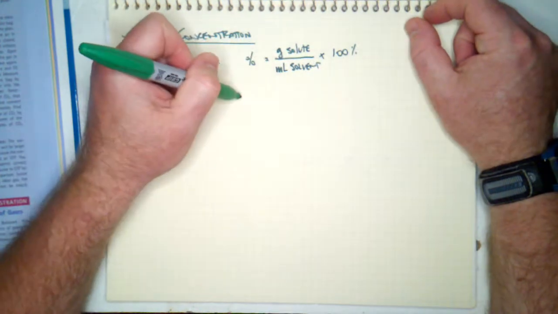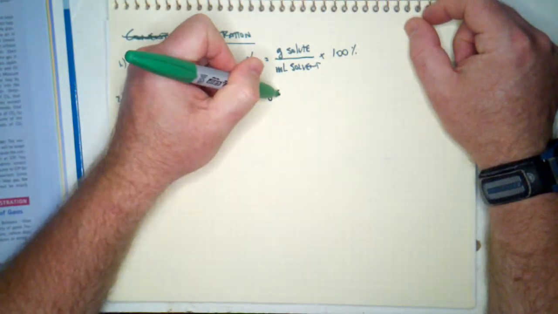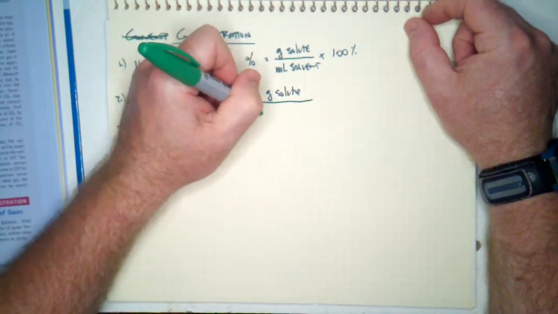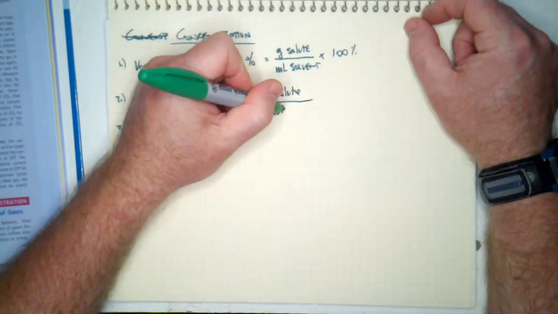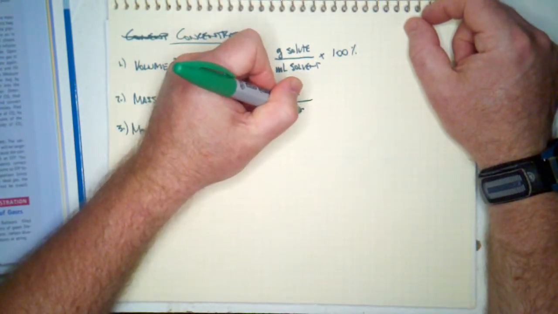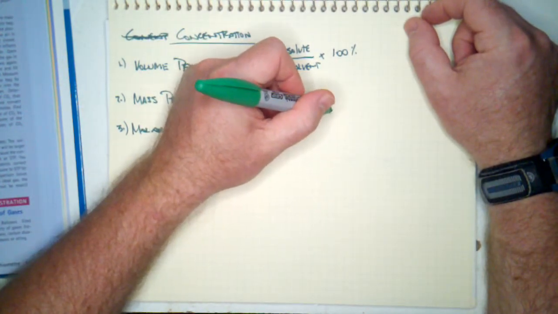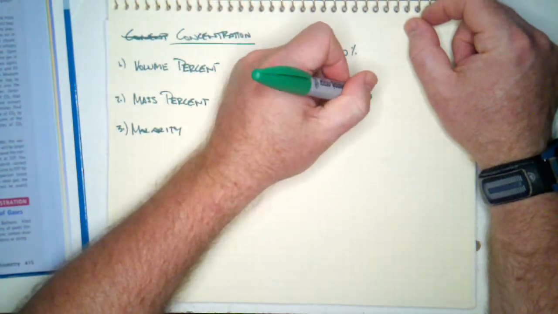Mass percent is a little bit different. It's going to be grams of solute divided by grams of solute plus grams of solvent times 100%.